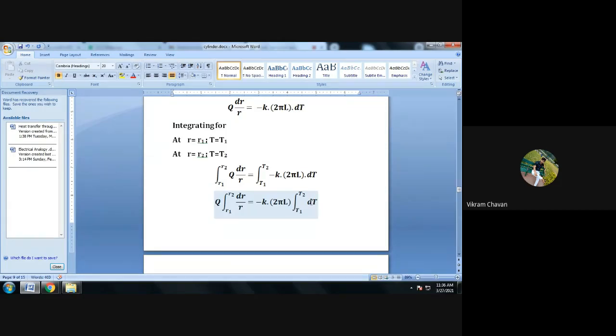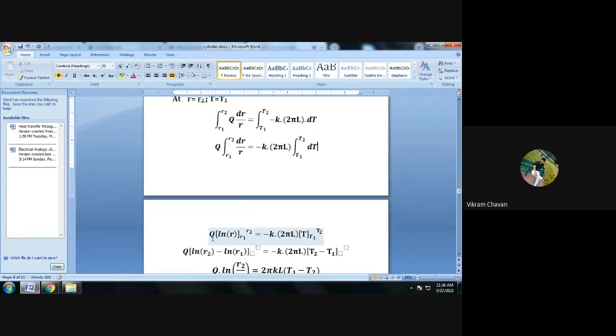So after integration we will get q into square bracket ln of r, with the limits r1 to r2, equal to minus k multiplied by 2 pi L, this is the constant, and integration of dt is t with the limits t1 to t2.